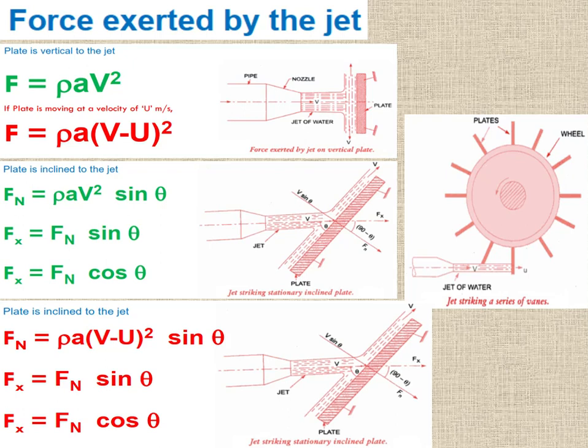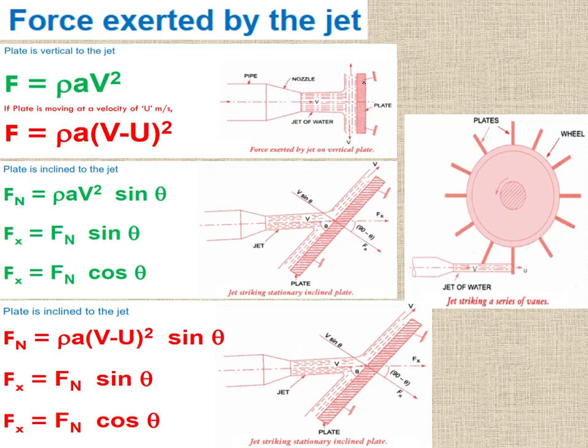In the first case, you can see here, we have taken a flat plate. These are all flat plates, and there are two possibilities that we have previously discussed. In the first case, the blade is stationary, and in the second case, the blade is moving with a certain velocity.